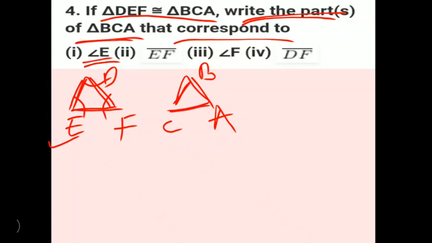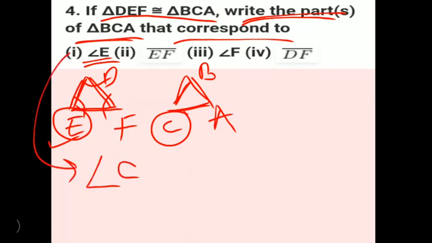I am writing here the number 1 answer: correspondence of angle E is angle C, because you can see the exact location of E and F, right? So you can write like this also, angle E corresponds to angle C. So this is your first answer.